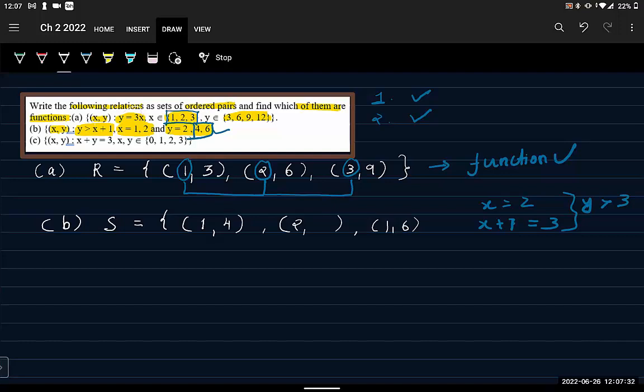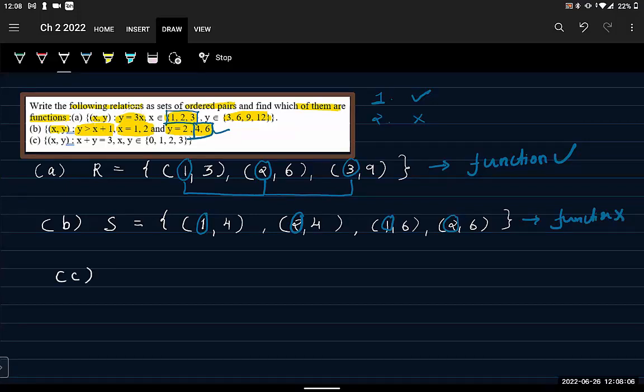So 2 can be paired with 4 and 2 can also be paired with 6. So (1,4), (1,6), (2,4), (2,6) is my required ordered pair set. Here we can see that the first element 2 is repeated and even 1 is repeated. Because the second condition is not satisfied, we can say the second relation is not a function. It violates the second condition.